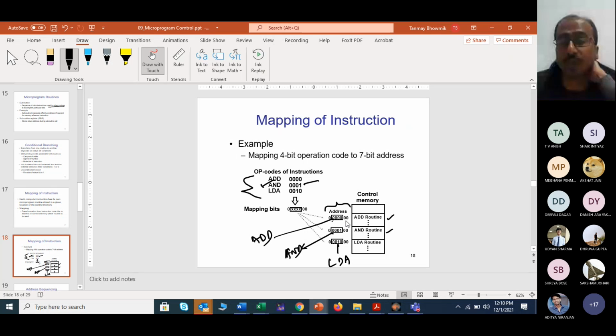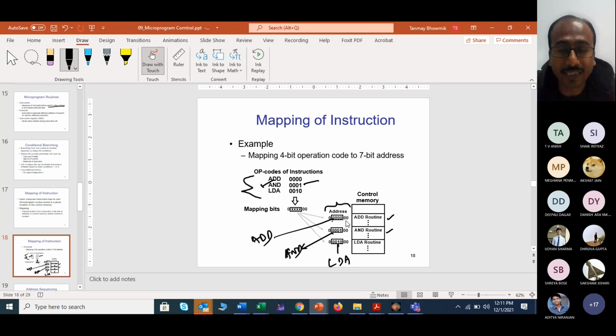Whenever you check numerical problems from the memory or cache memory part, you will see that this is quite common: if 8 operations need to be performed, you are supposed to use the required number of bits for the opcodes. How many bits? Only 3 bits, because 2 to the power 3 is 8, right?